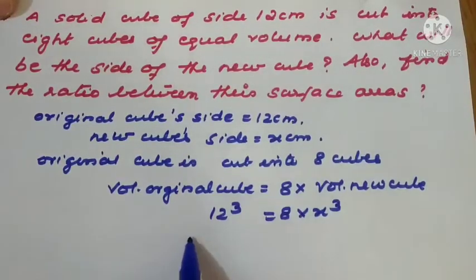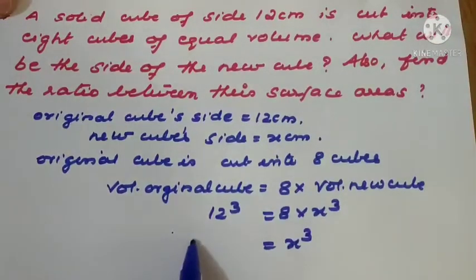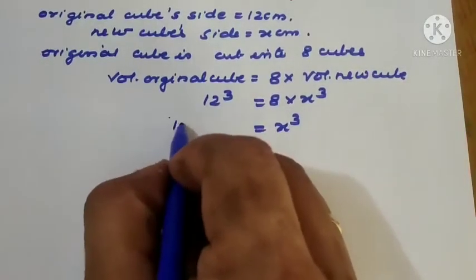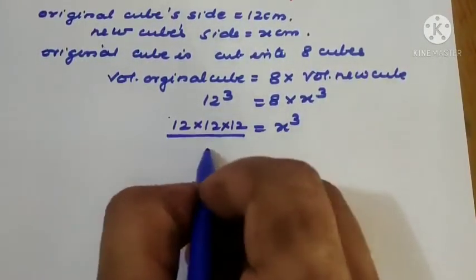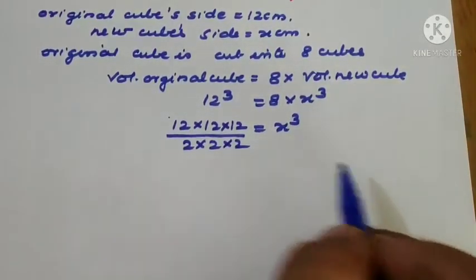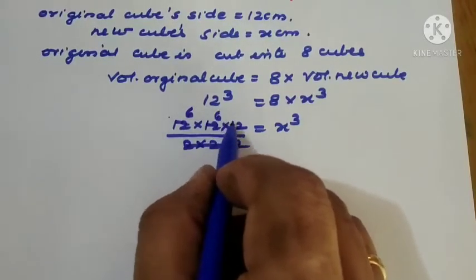Right? So here we can write x cube this side only. Now 12 cube by 8 can be written as 12 into 12 into 12 over 2 into 2 into 2. Right? So all the 2s can be cancelled by 6 here.